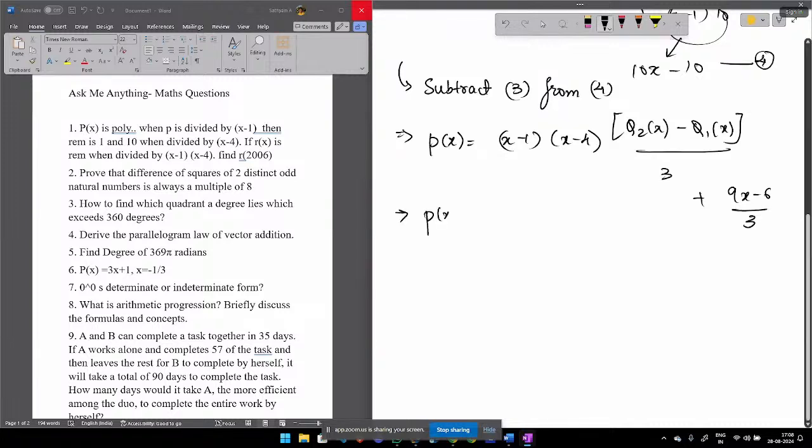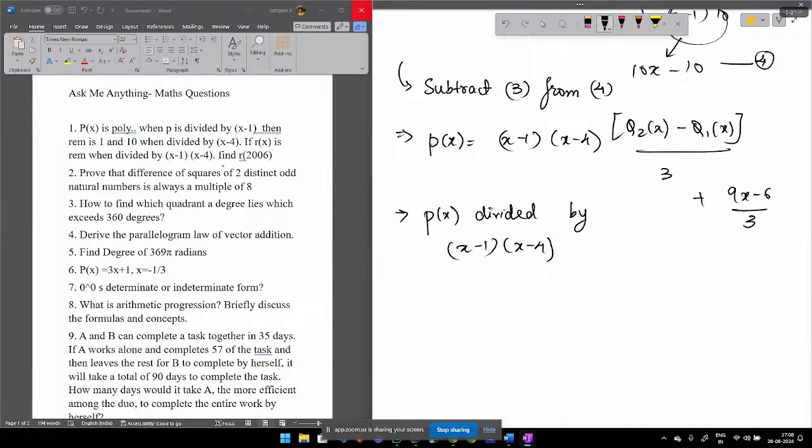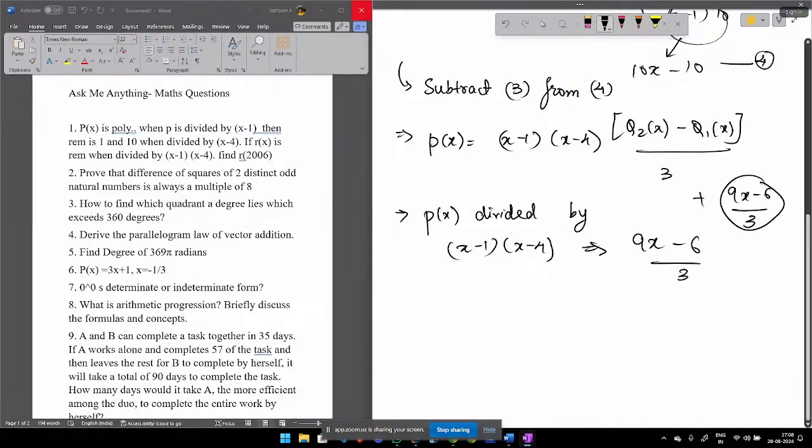when our P of x is divided by x minus 1 and x minus 4, right, what is given in the equation? P of x is the remainder when divided by x minus 1 into x minus 4. So what remainder are we getting here? We are getting the remainder as 9x minus 6 upon 3.